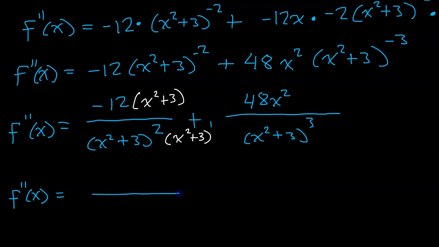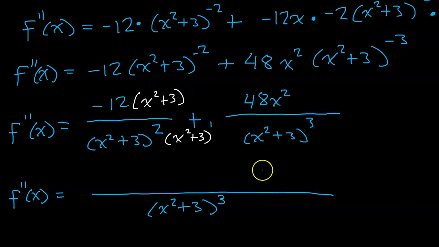I think I'm going to do 2 steps at once. I think you can handle it. We've got the like denominators now, so I'm going to go ahead and keep my like denominator of (x squared plus 3) squared, cubed that I just made. I'm going to distribute the negative 12, and I'm going to go ahead and add the 48x squared onto the end of it.